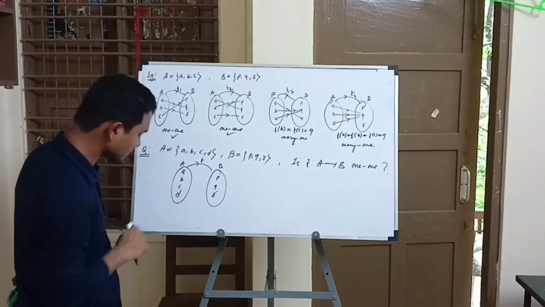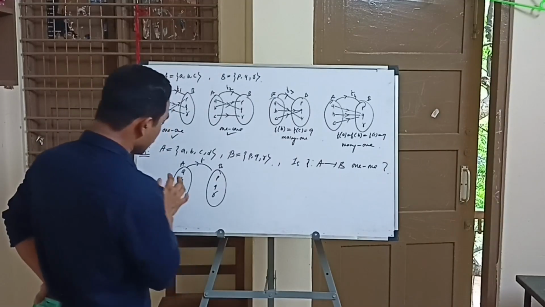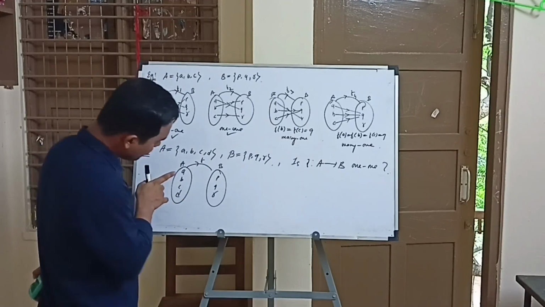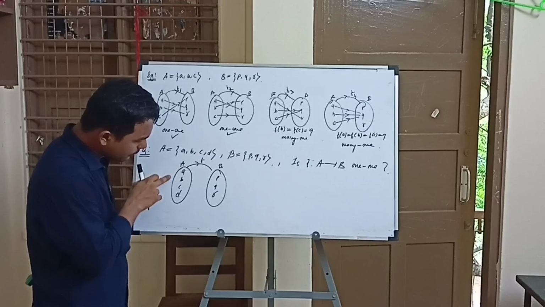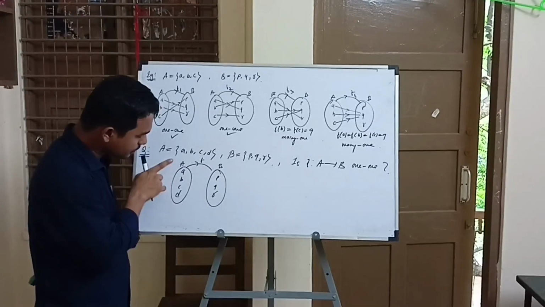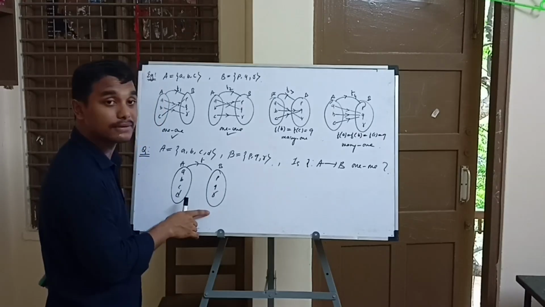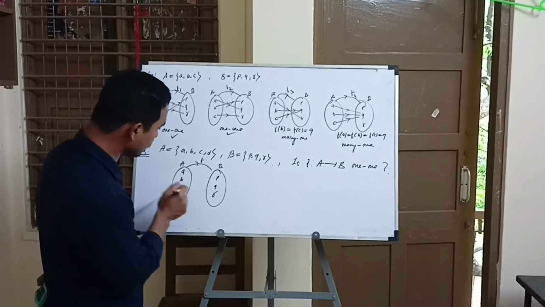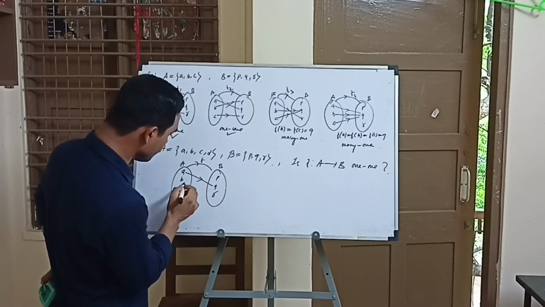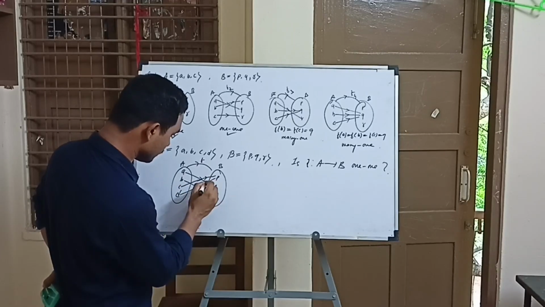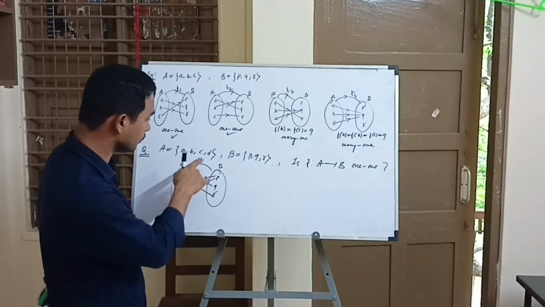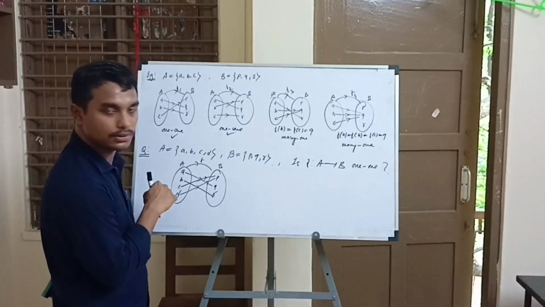Correct? But here the number of elements of A is 4, the number of elements of B is 3. Correct? If a is mapped to q, b is mapped to r, then c and d must map within B, because this is a function.